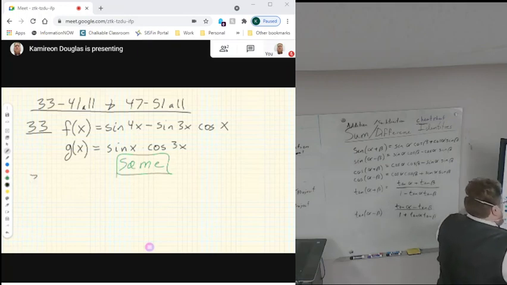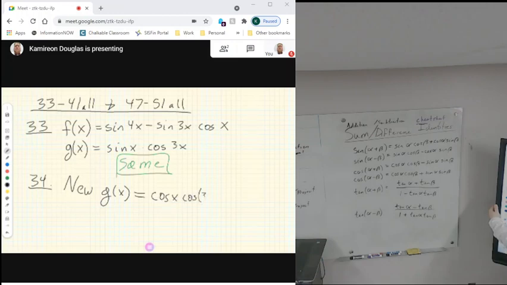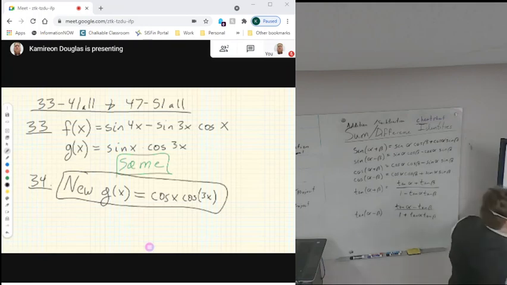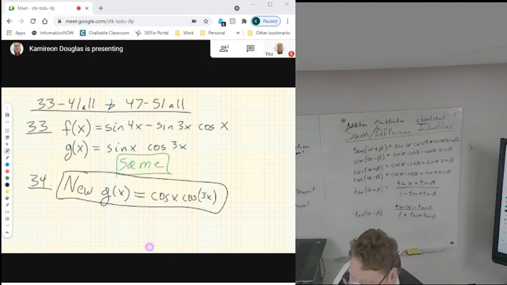On 34, the new g of x is the same function, cosine of x times cosine of 3x, with no negative. It just says find a new version. This answer only makes sense if you add 34 in the problem. Otherwise, it doesn't mean anything, because g of x originally had a negative in it, now it does not.